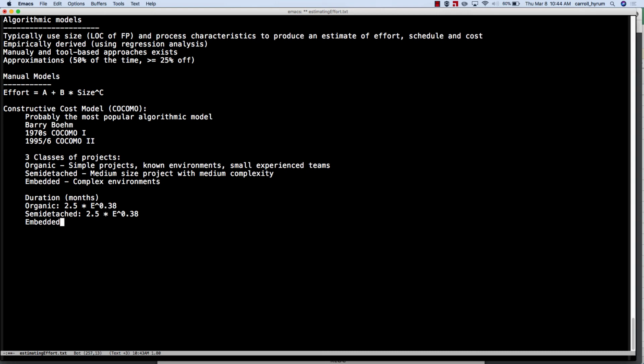And interestingly enough, the constant for each one of these is the same, and the exponent changes just slightly. So that's saying how long the project is going to take is scaled by the effort, but there's this inherent constant 2.5.